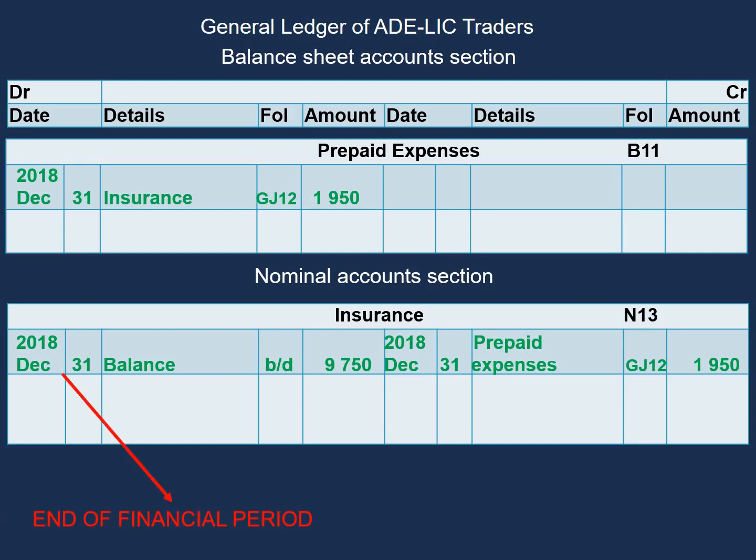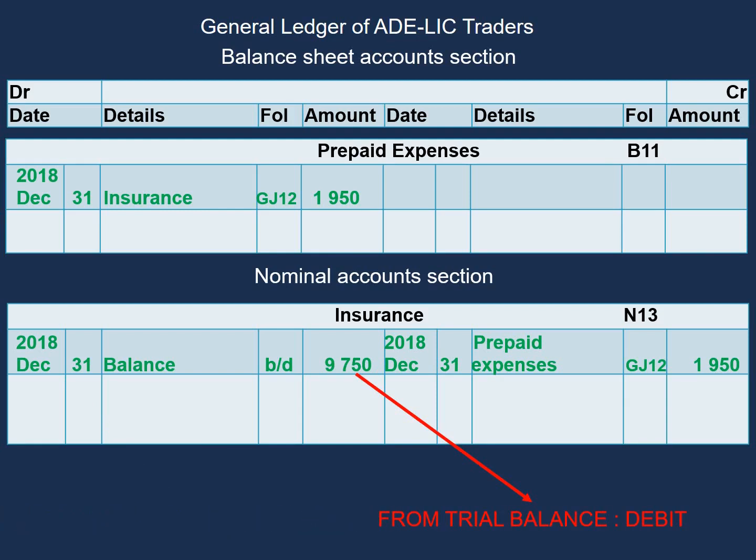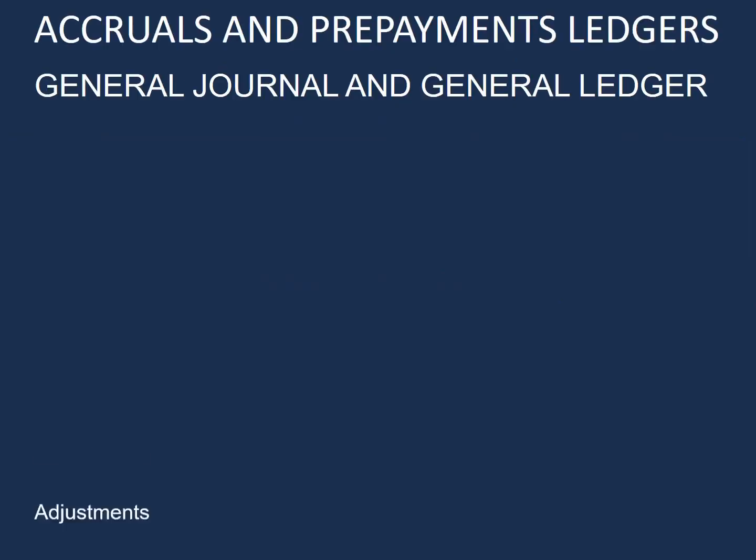Again, note that our date is for the end of the financial period, and our balance comes from our trial balance. And this completes our double entry process. Let's move on to the next adjustment.